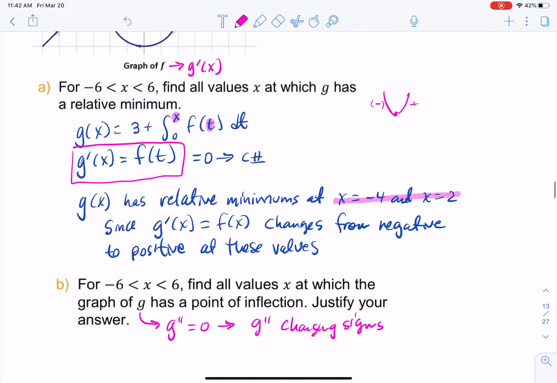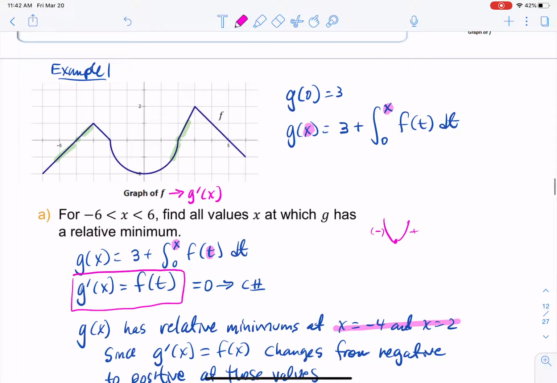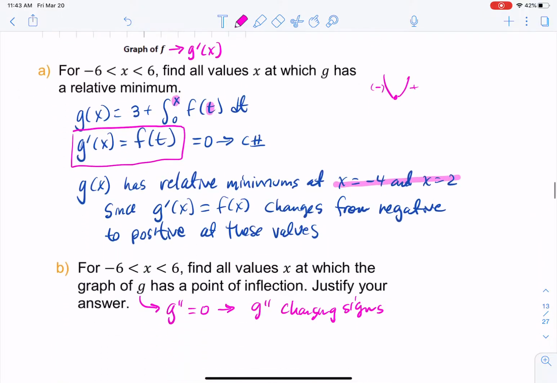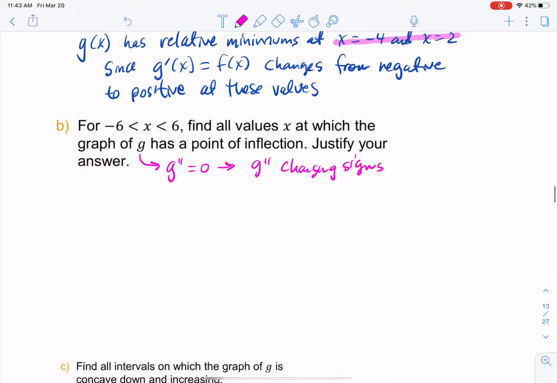The issue here really is that I don't have g double prime, I have g prime. Well, we can still justify a point of inflection if g prime changes from increasing to decreasing, or vice versa.